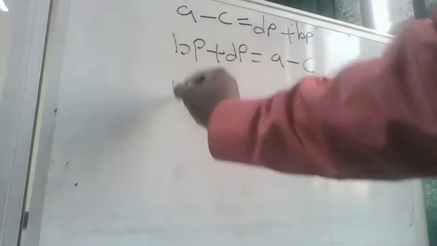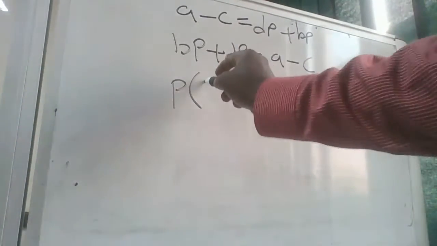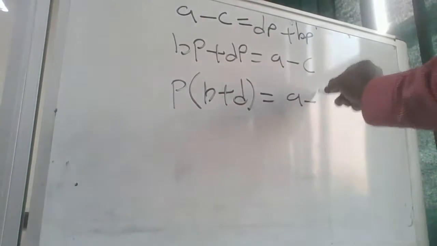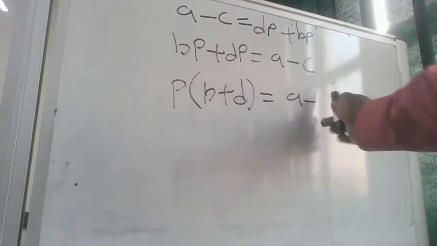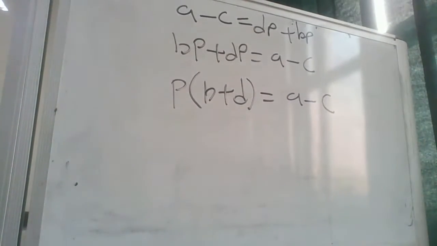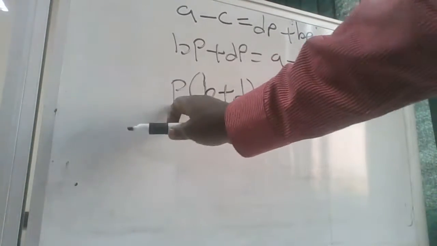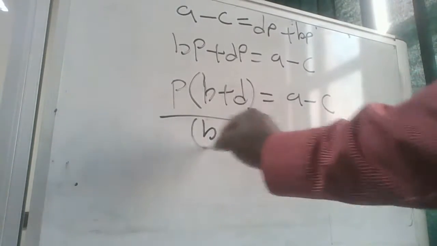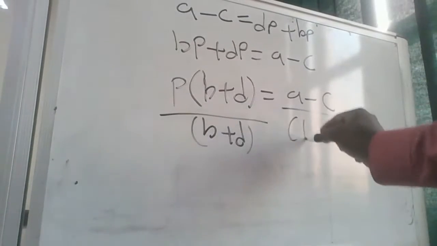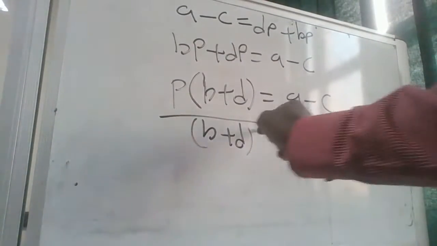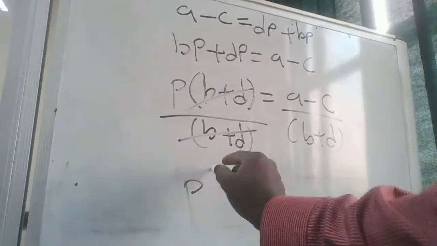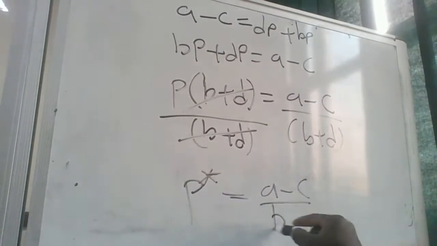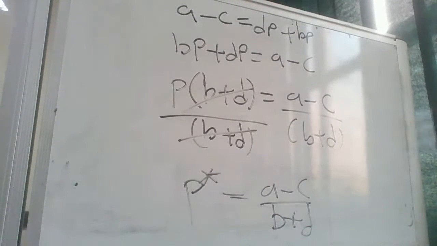We push P out, then we remain with B here plus D here, and this will be equal to A minus C. Because we want to make P subject of the formula, we divide through by B plus D, and even here by B plus D, so that our equilibrium price will be equal to A minus C over B plus D.